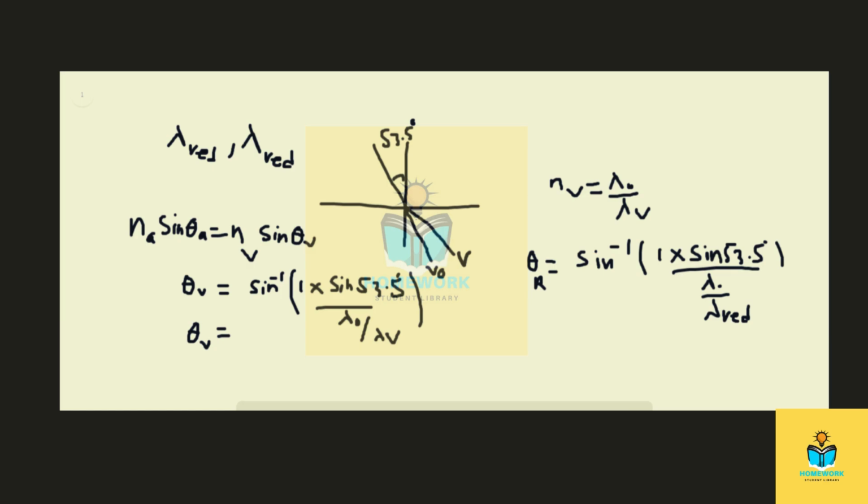For red I will use a capital R. By just plugging those values, we can find theta R.